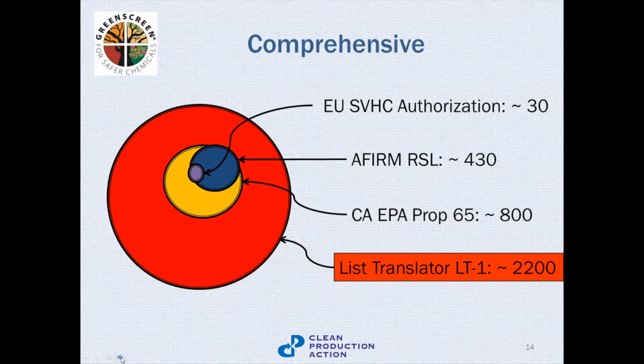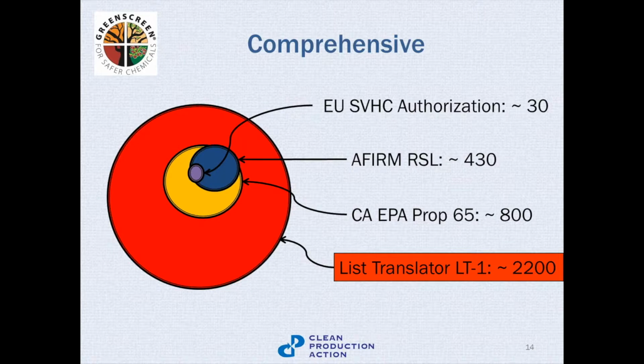And there's a lot of confusion about lists out there. There are different types of lists. There are hazard lists put out by authoritative bodies. There are restricted substance lists put out by sectors and companies. What's unique about List Translator is that it's built on that GreenScreen for Safer Chemicals foundation, the hazard endpoints, the hazard criteria.